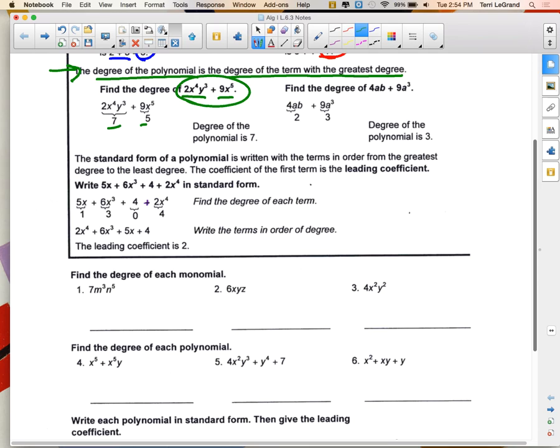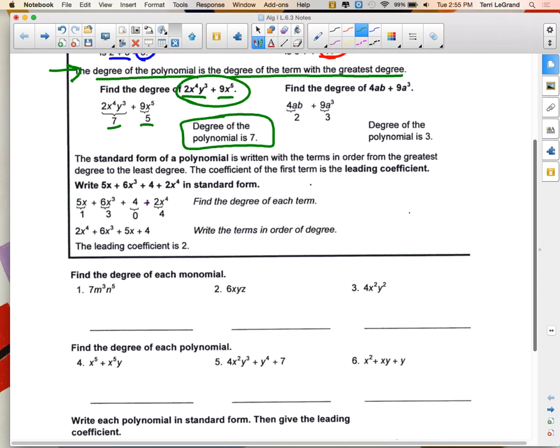See that right here? They found the degree of each monomial. And they said, oh, okay, well, now that we know the degree of each monomial, you have to take the one that has the greatest degree. So the degree of the polynomial is going to be 7. Not 12. Not 7 plus 5. The one that has the biggest monomial degree.